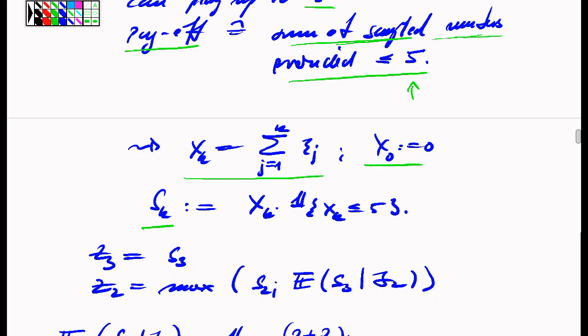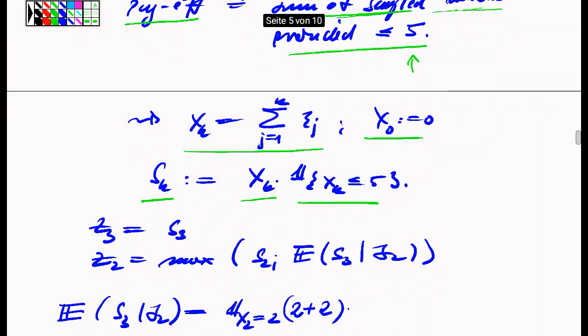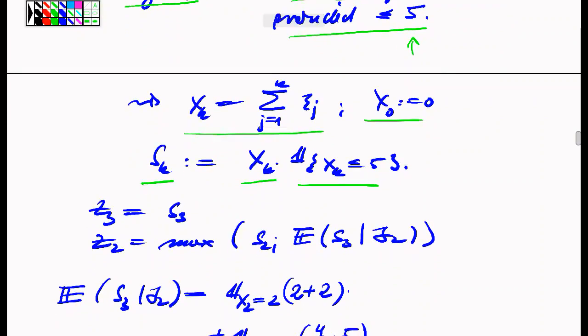And the output of this game, that's the random variable S_k, is x_k, the aggregate of the sampled numbers, provided this aggregate is below 5. And you have to define now a strategy which would tell you when you are satisfied, when you will stop asking for the next number to be generated.